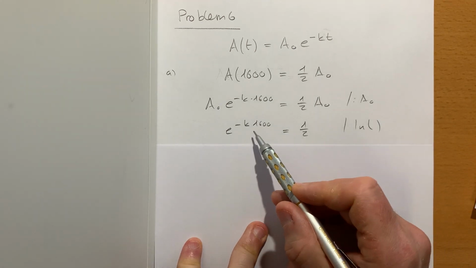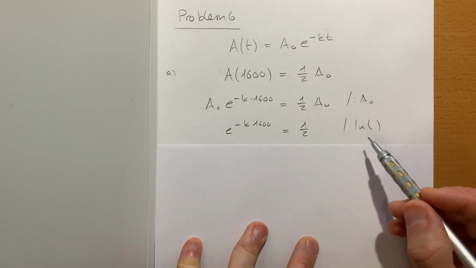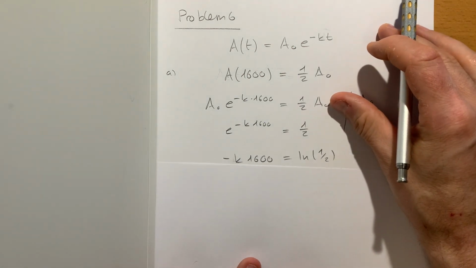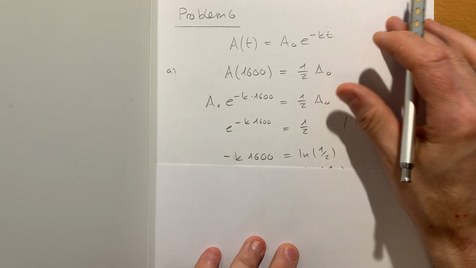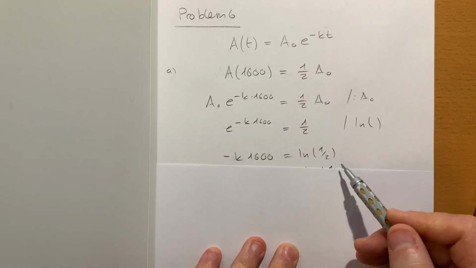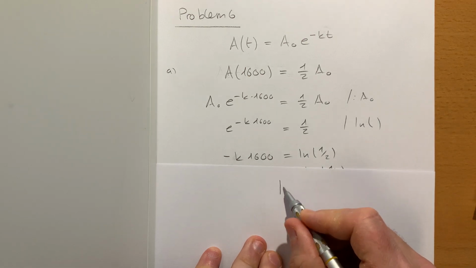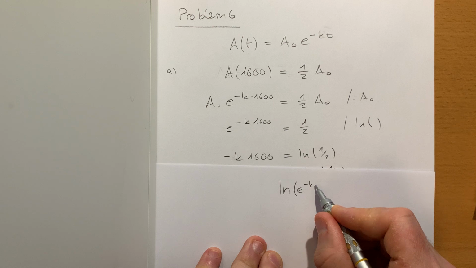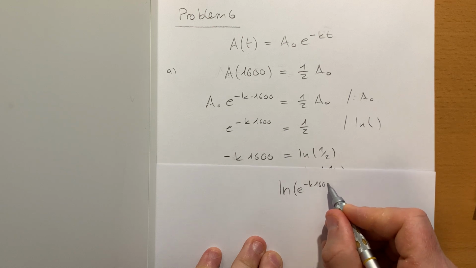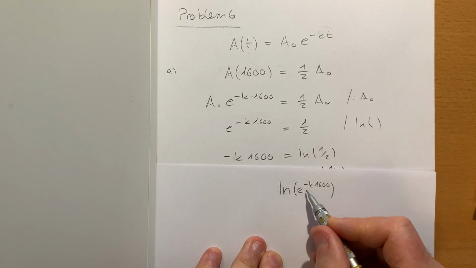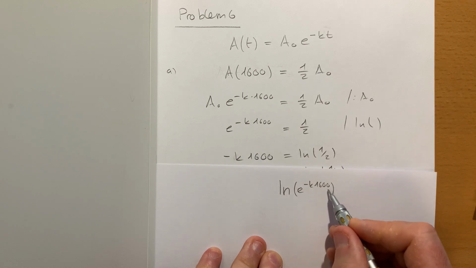Now you have to isolate K. So you use the ln on both sides. And you're going to get minus K times 1600 is equal to ln 1/2. Again, like in the previous exercise, e to the minus K times 1600, well, e to the what is e to the minus K times 1600?